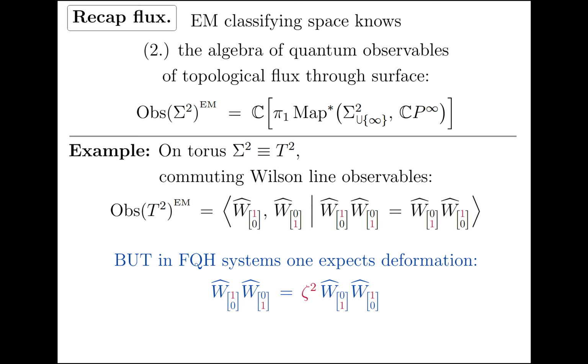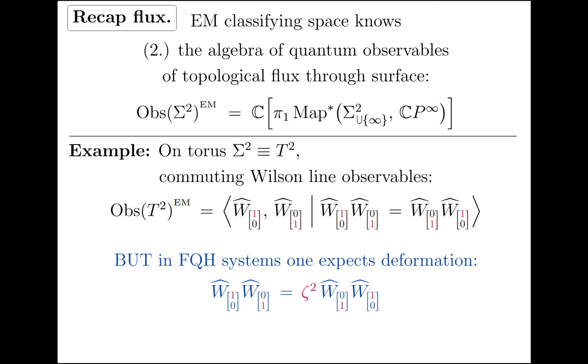But now the group commutator does not vanish. It produces a phase squared. Zeta is a phase, and that is the braiding phase of the FQH system, the phase picked up by the system as we braid two of these flux quanta, if we make them exchange positions. So this is the fractional statistics, if you will, the analog of the ±1 for bosons and fermions, in some way. Anyway, its square is meant to appear here.